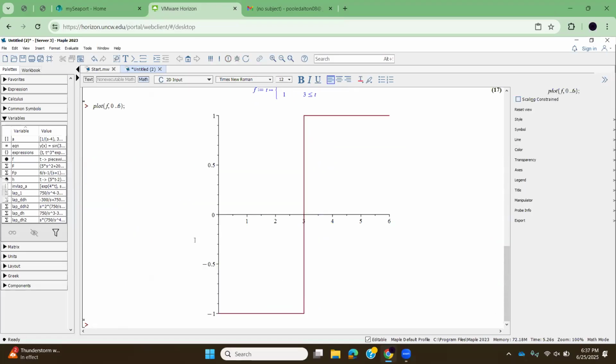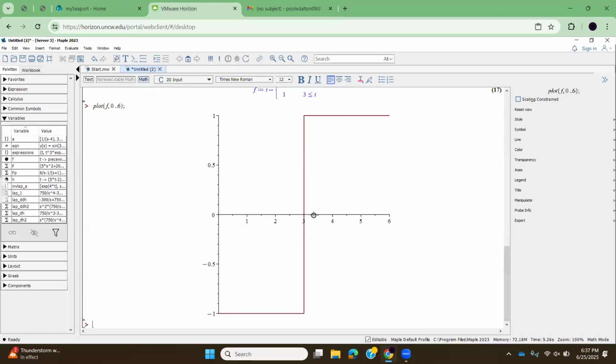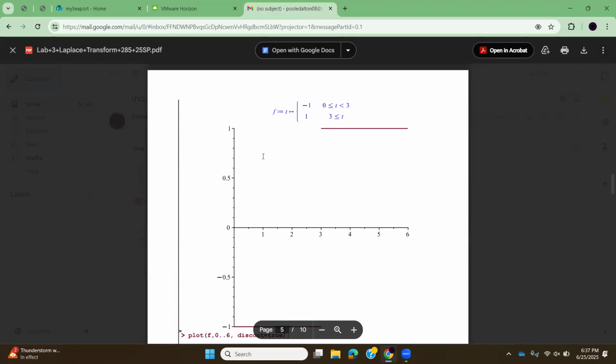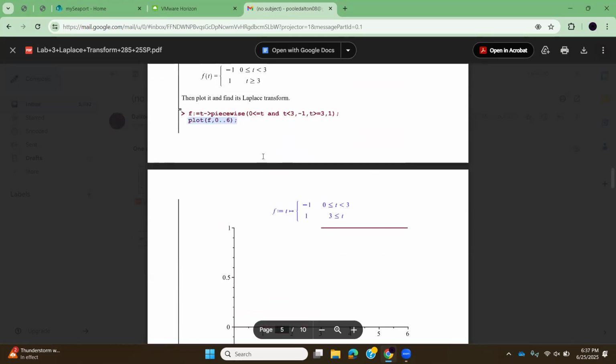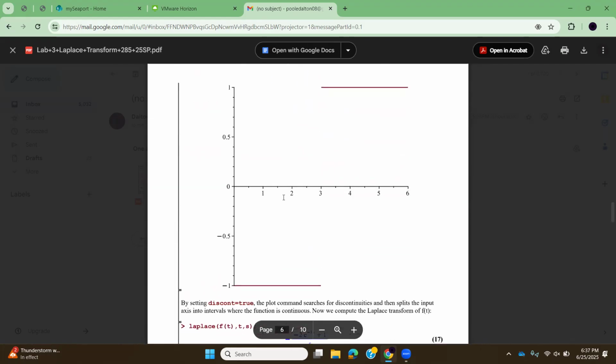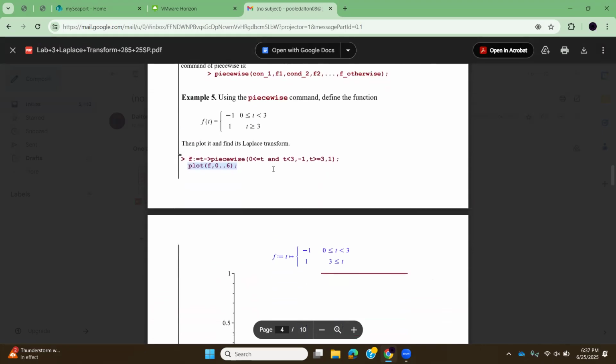Boom. Measure function. I think you see it. It looks a little different than what she's got. So that's weird.